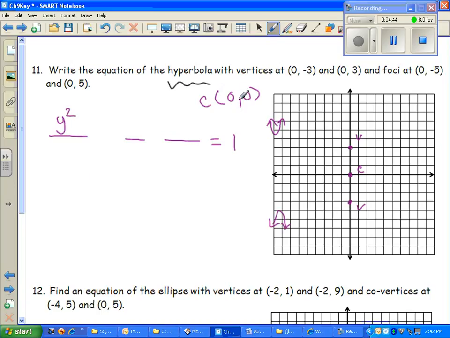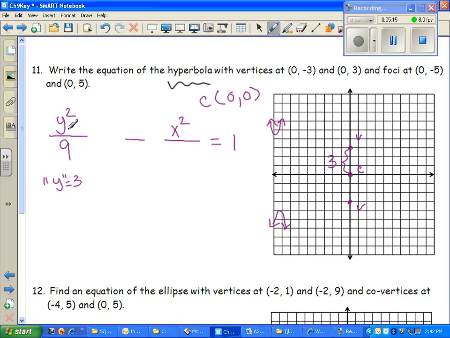This being 0, 0 means that this one will be x squared, and now I just need to figure out the numbers that go on the bottom. So I need the number for the y value. I can find that number by using my vertex and the distance between it and the center. This distance is 3. So the y number is 3. And then you square that number to get the y squared number. So 3 squared is 9, so 9 goes under the y squared.